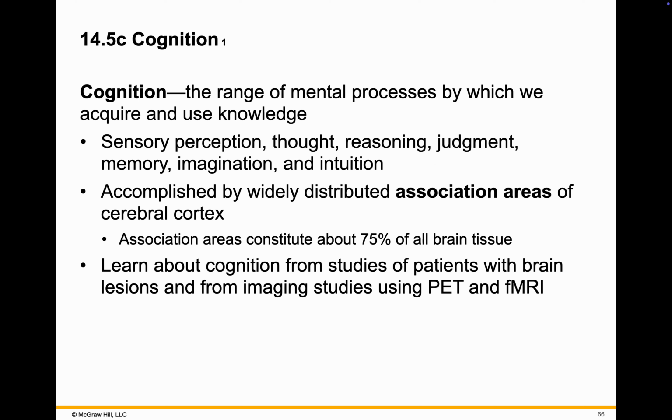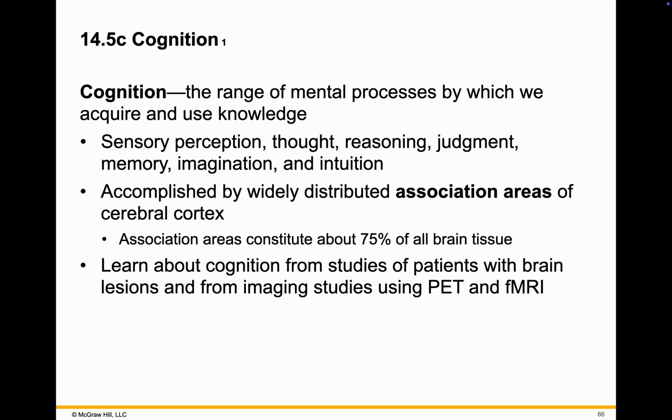Cognition is a range of mental processes by which we acquire and use knowledge: sensory perception, thought, reasoning, judgment, memory, imagination, and intuition. It's accomplished by widely distributed association areas of the cerebral cortex, and those association areas constitute about 75%, 2/3, 3/4 of the brain.